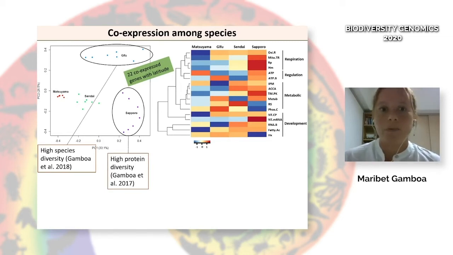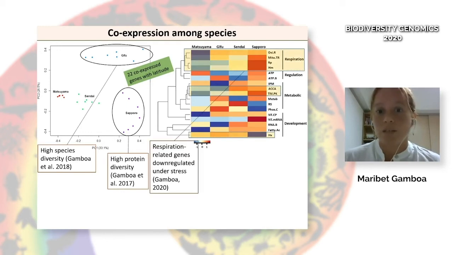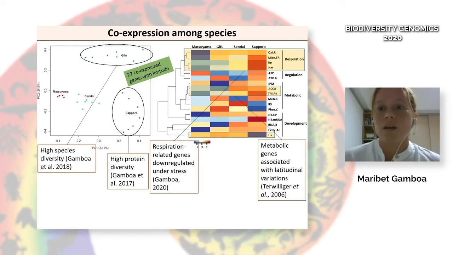The heat map of these 22 genes is shown on the right side, and you can see respiration and metabolic genes were upregulated at the higher latitude, and this could be a consequence of latitude variation. The opposite pattern was in the developmental one, with hexamerin downregulated at higher latitude.